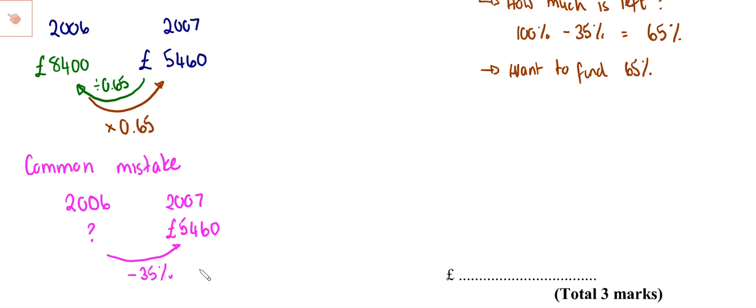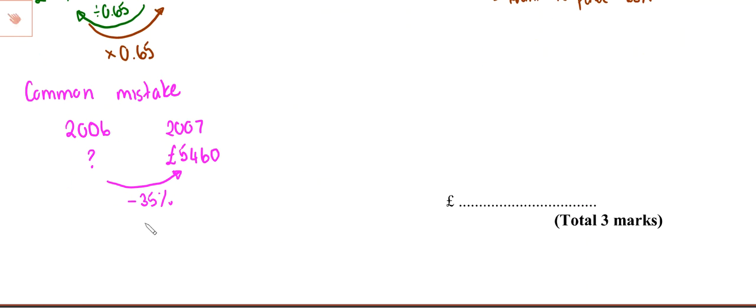All right. So does it make sense then that if I wanted to go back, we just add 35% back on? Why not?